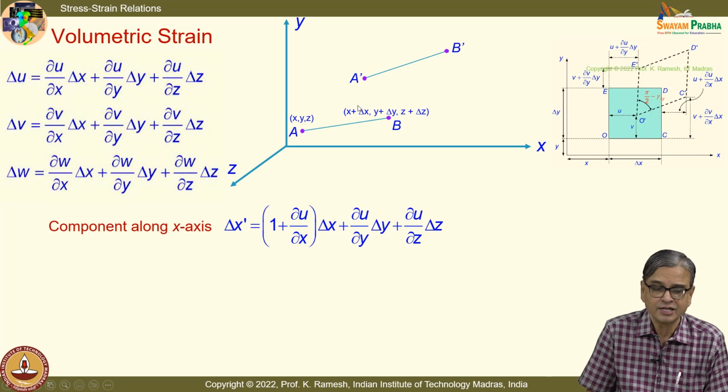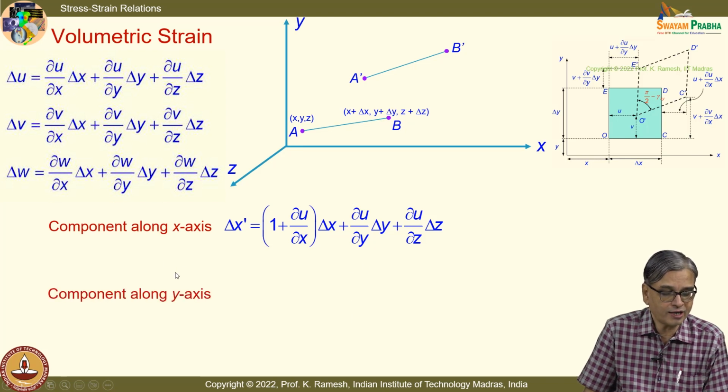So, you have this as x plus delta x, y plus delta y, z plus delta z, and when I go to this point B prime, you will have all these quantities plus delta u, delta v and delta w. So, when I look at what happens to point B prime, this is what would happen.